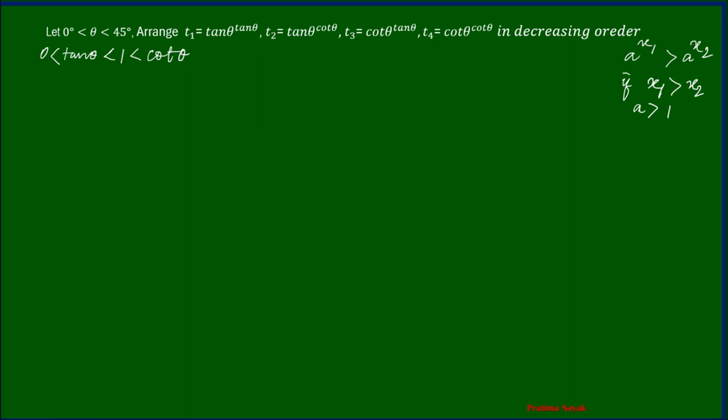But if a is less than 1, a fraction, then a power x1 will be less than a power x2. For example, 3 power 2 is greater than 3 power 1, correct? But if I take 1 over 3 power 2 and 1 over 3 power 1, this will be less, this will be greater. This is the same thing here.